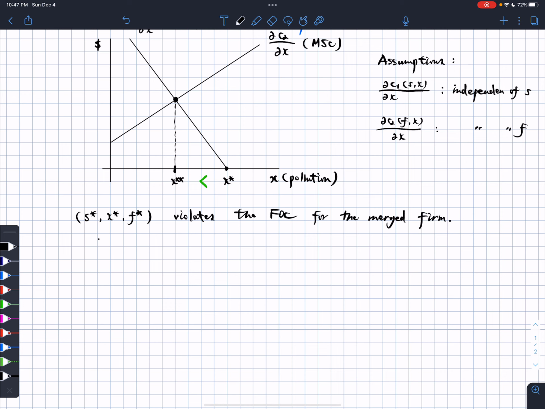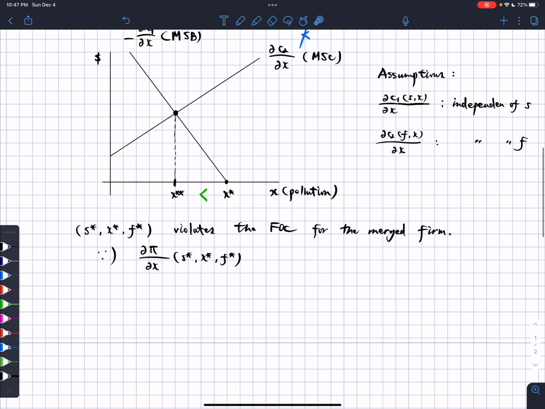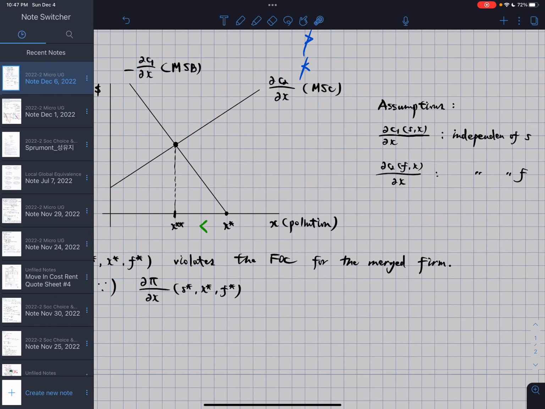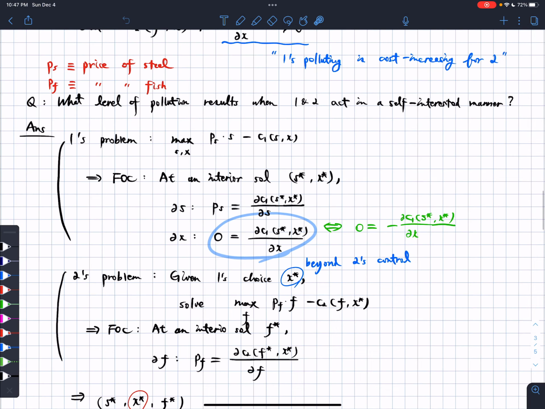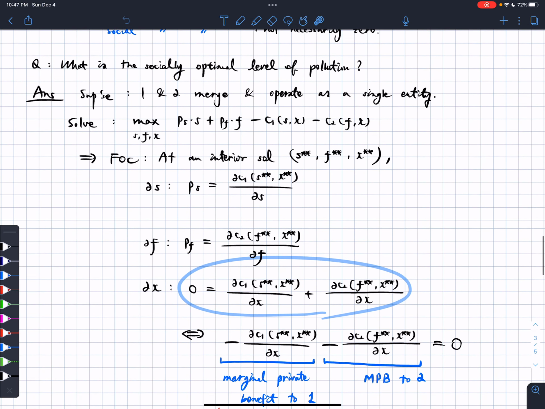To see that, suppose that we plug this solution into the objective function. This pi is what? That's the profit for the merged firm, this whole thing.